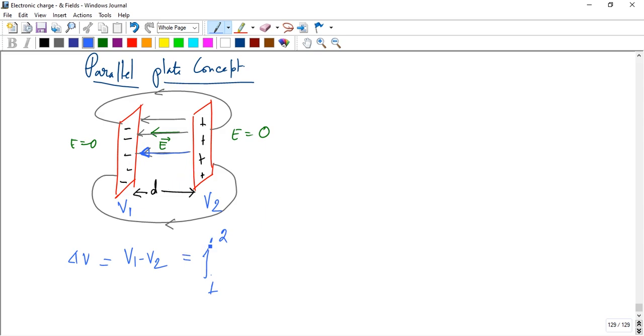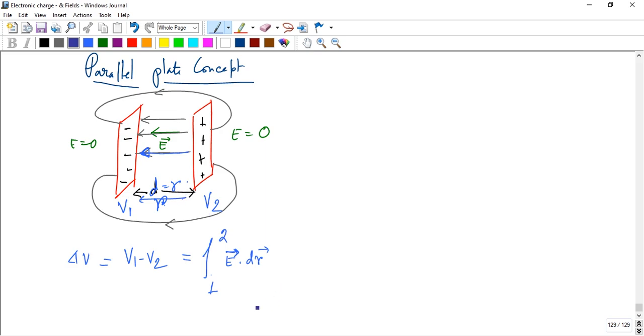So you get E dot dr, where r is the gap between the plates. There is no confusion: d is also equal to r. That's why we replace the small d with dr.